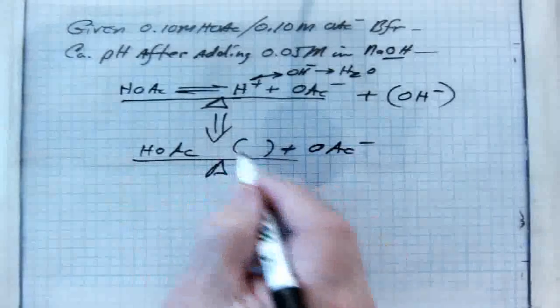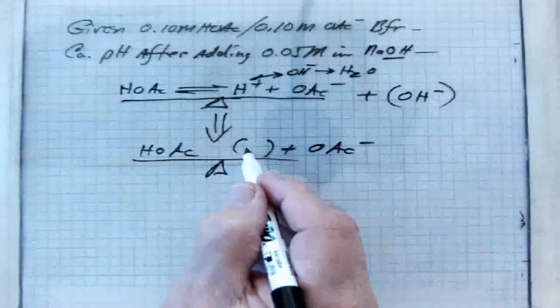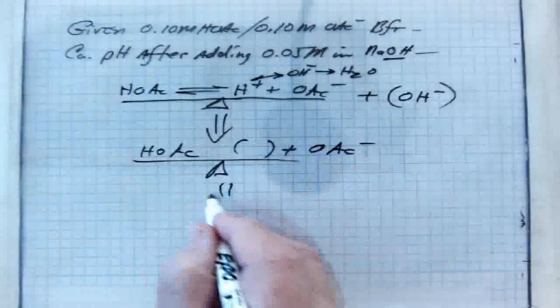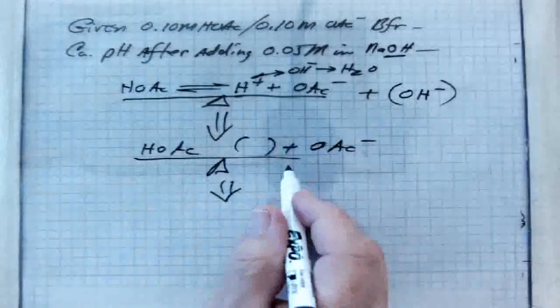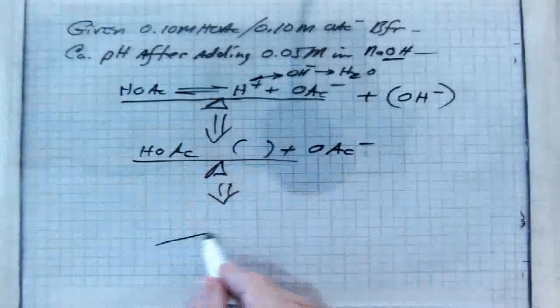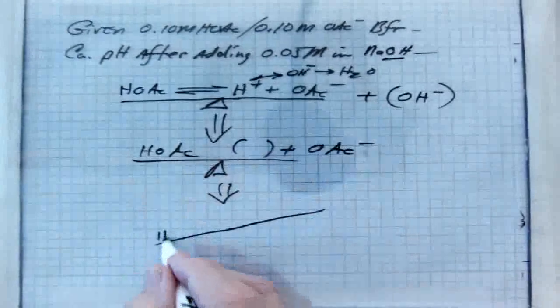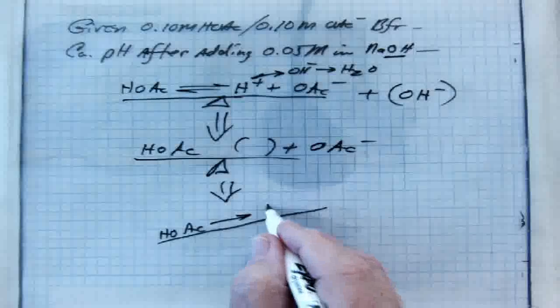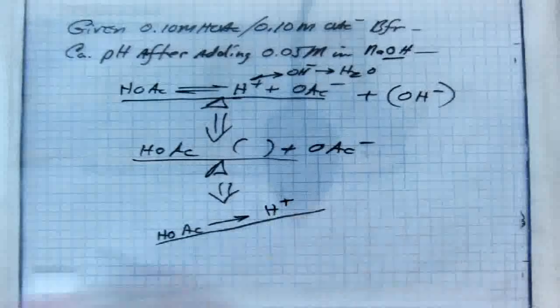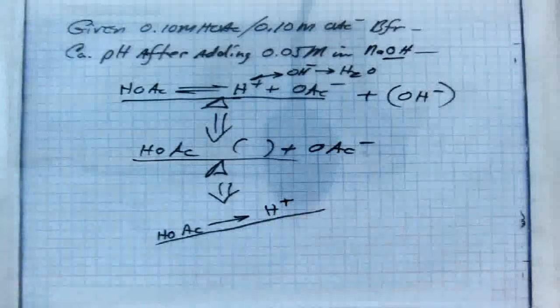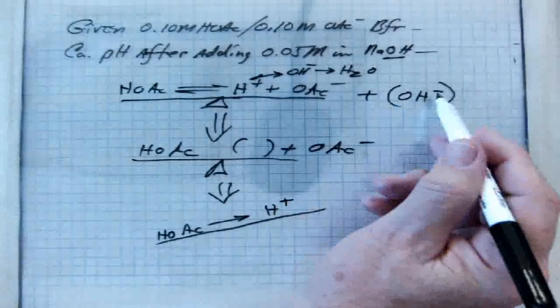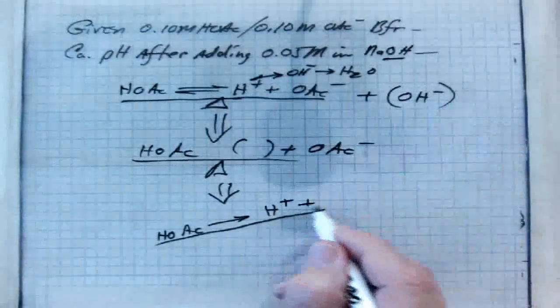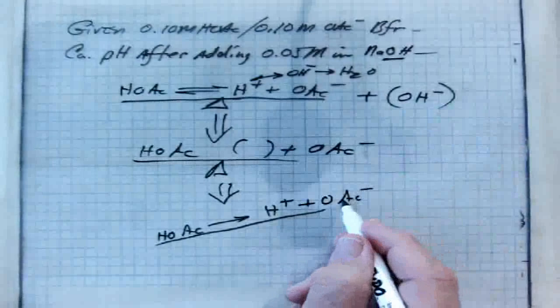Okay, so this applies to the Ka expression, and that's 1.8 times 10 to the minus 5, X, which is our hydronium, 0.12 over 0.08, and that's 1.8.